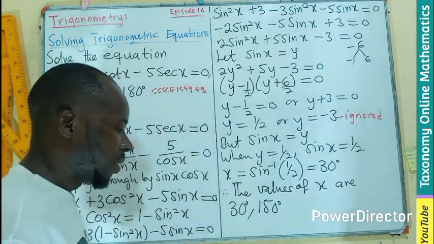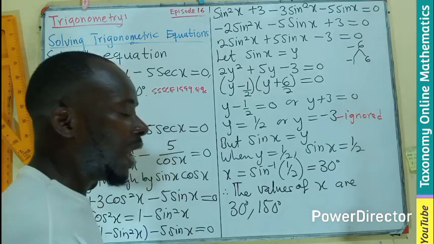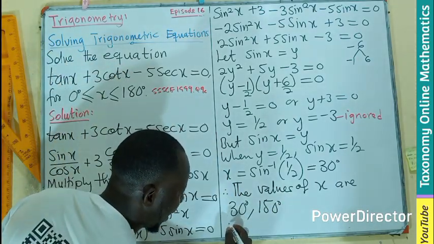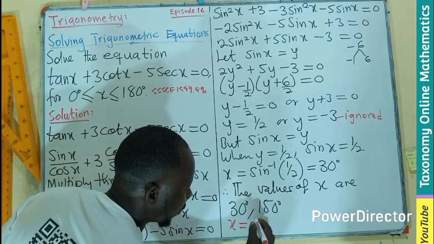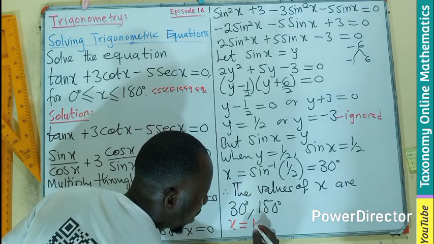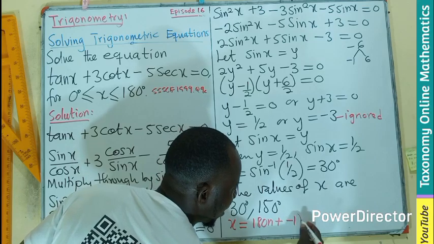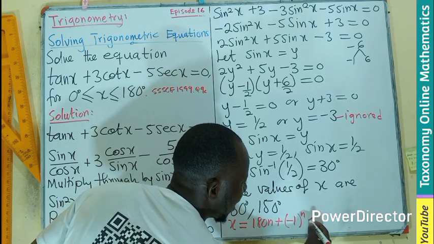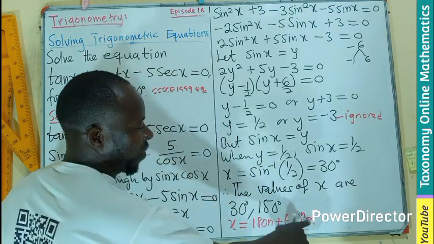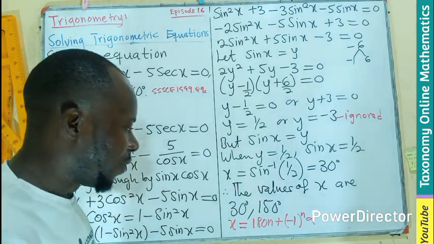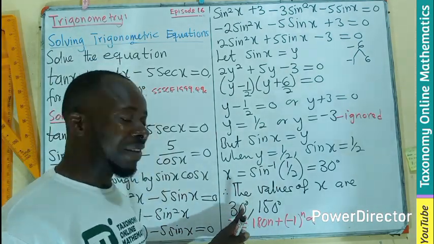150 degrees. But if you still want to use the general formula for the general solution, in this case it will be x equals 180n plus negative 1 all to the power n alpha, where alpha is going to be the 30 degrees we are having here. So if you put n as 0, that is the principal angle.